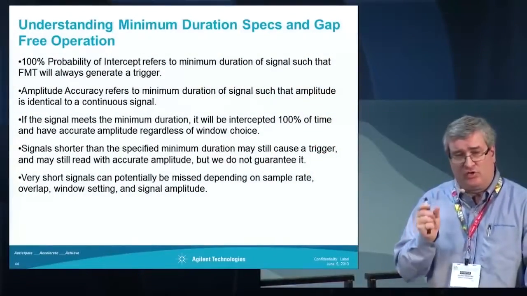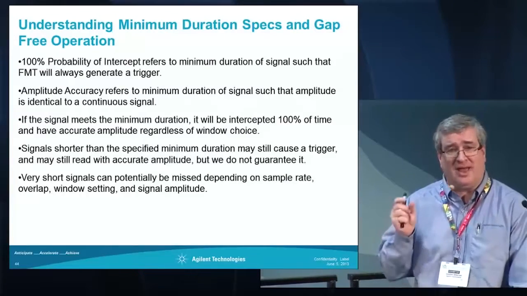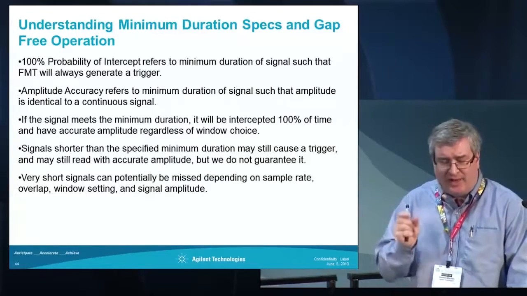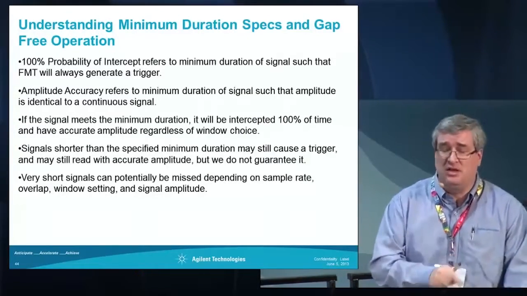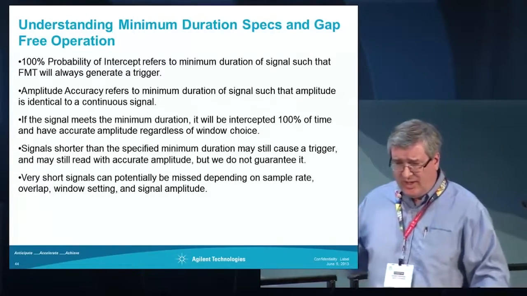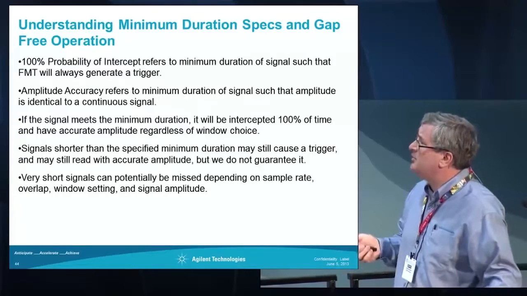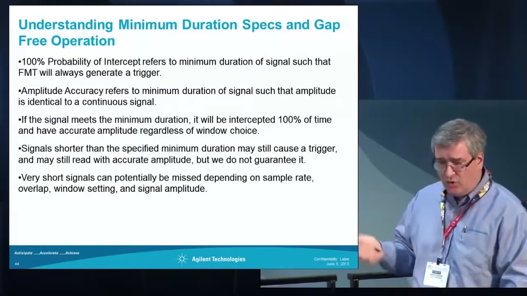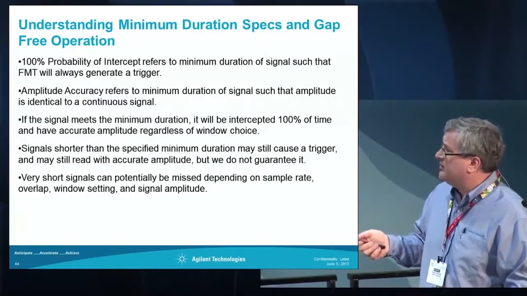We also talk about amplitude accuracy, which is how long a signal must be to ensure we have amplitude accuracy equivalent to what it would be if it was a CW signal. It has a dependency on your sample rate, your window length, and also signal amplitude.